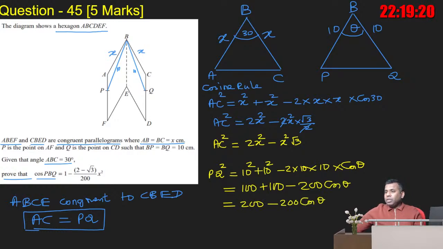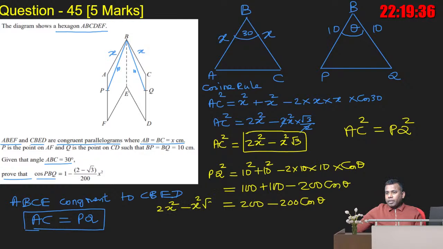Now AC squared equals PQ squared, so I can replace it: 2x squared minus x squared root 3 is that.